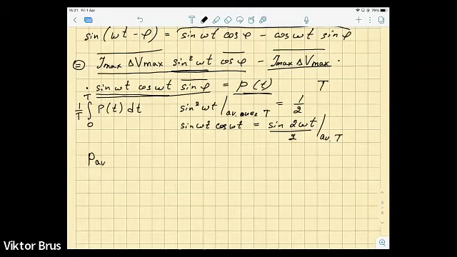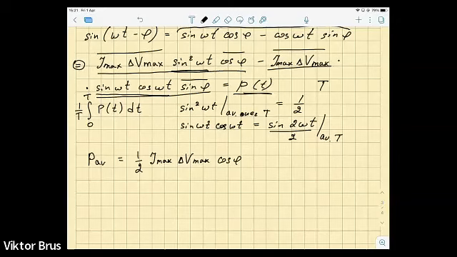P average will be equal to 1/2 times I maximum times delta V maximum times cosine phi.